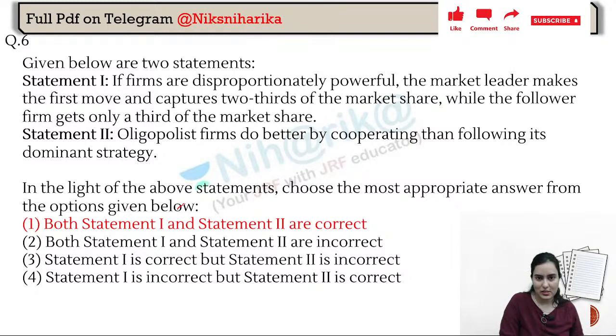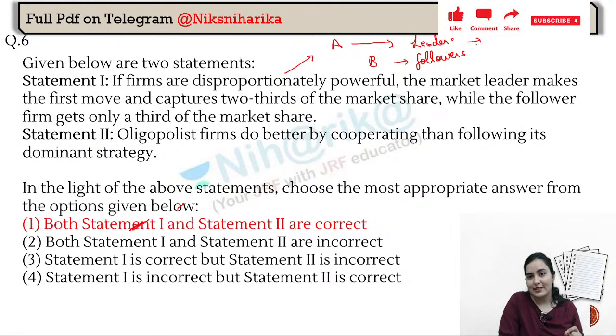Like, okay, see, suppose firm A is more powerful, firm B is less powerful. So firm A has to be the market leader, right? And firm B will be the follower, market follower. The market leaders are the risk takers, highest risk takers.